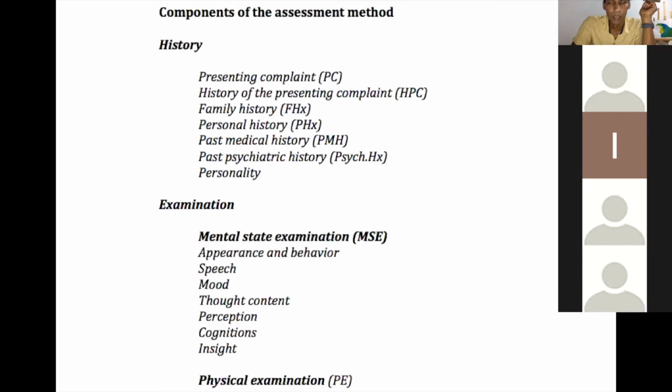Right? And this outline of the clinical assessment, the components, you are familiar with this. You see this in any general psychiatry textbook. We don't take history or do assessments according to this order.